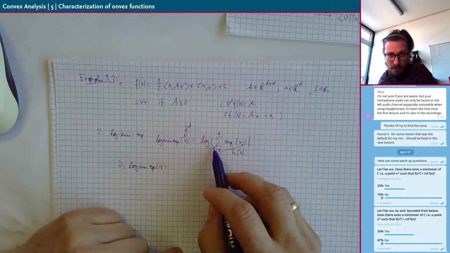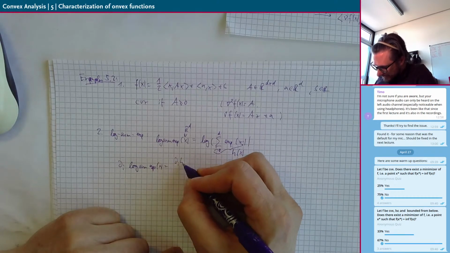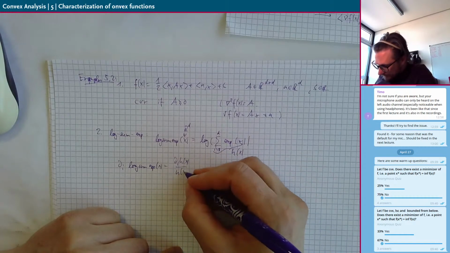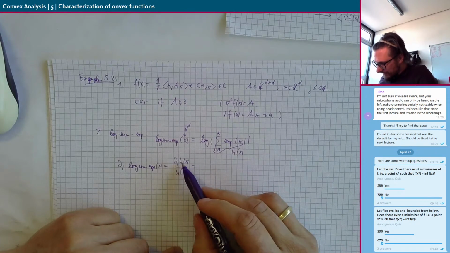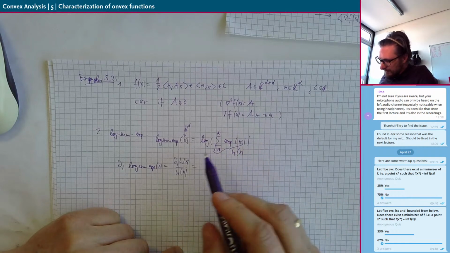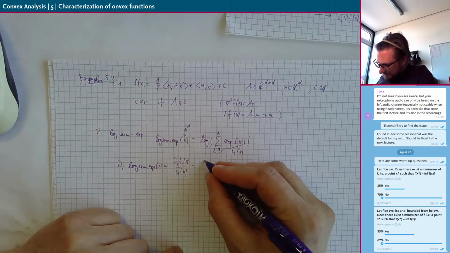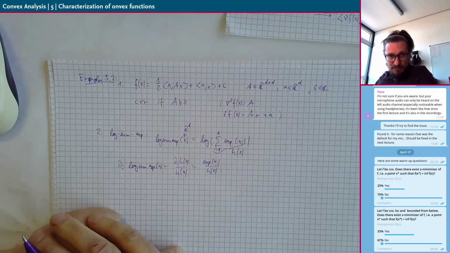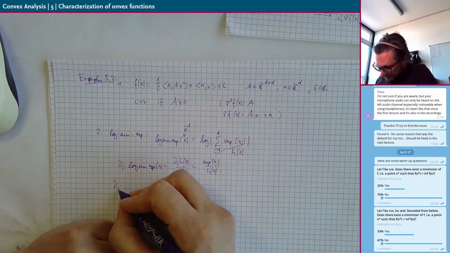It's the log of something, so what we have here is the partial derivative of h divided by h, by logarithmic differentiation. Okay, what is the partial derivative of h? h is this. It's just exp of x1 plus exp of x2. We take the partial derivative with respect to the ith variable, so we just get exp of xi divided by h of x. So that's simple. But what about the mixed derivatives if we just take a second derivative?